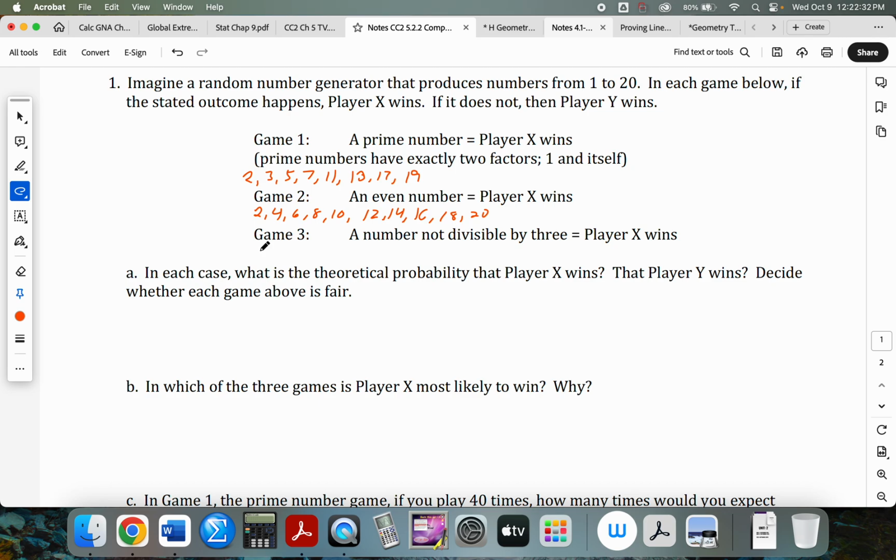Is 1 divisible by 3? So 1, 2, 4, 5, 7, 8, 10, 11, 13, 14, 16, 17, 19, 20.